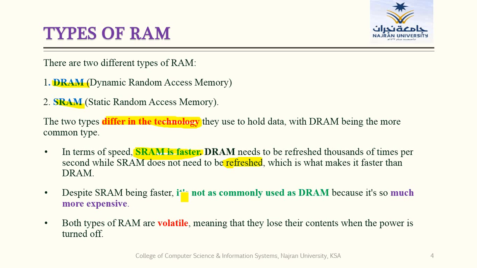But at the same time, SRAM is more expensive than DRAM because this is not commonly used. The commonly used RAM is DRAM, and we have seen that both types of RAM are volatile, meaning that they lose their content when power is turned off. When we shut down our system, they will lose all the information that is available in RAM.